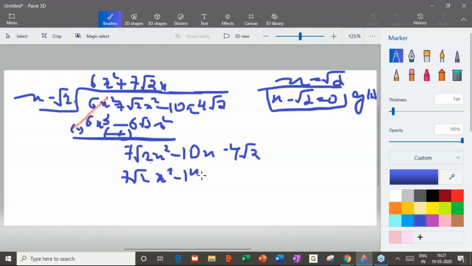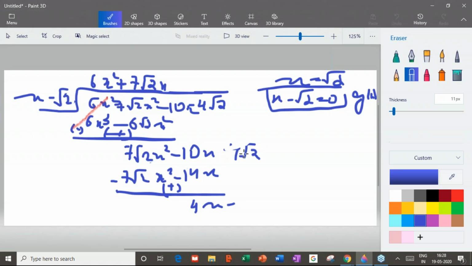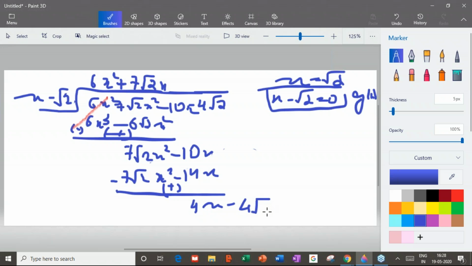Minus 14x. Minus plus, we get 4x minus, bring this down here, we get 4 root 2.